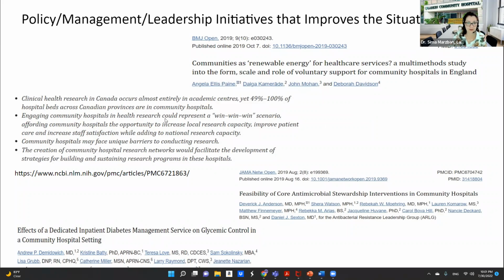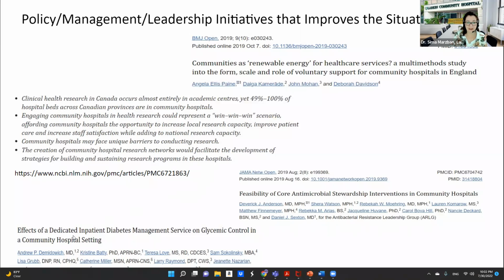Engaging community hospitals in health research is a win-win-win scenario. It's not a win-win scenario, it's a three-win scenario. Because you can inform the community about areas where health literacy and medical literacy are important, and you can improve healthcare outcomes among community members and, at the same time, clinical team performance.